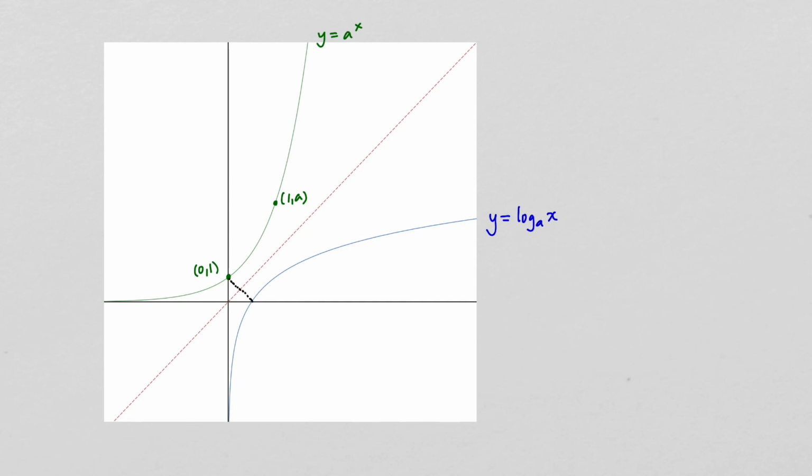And so this point on the logarithmic function has to be the point 1, 0. That's just the point that we get when we reverse the coordinates here. Also, on the other side here, we will have the point a, 1. So anytime you're asked to graph a logarithmic function, it is sometimes beneficial to first graph the corresponding exponential function and then to simply reverse the coordinates.